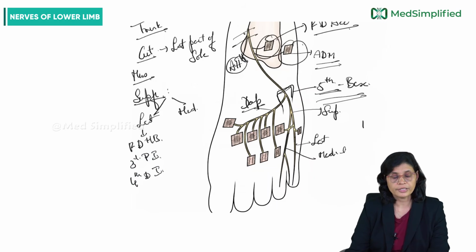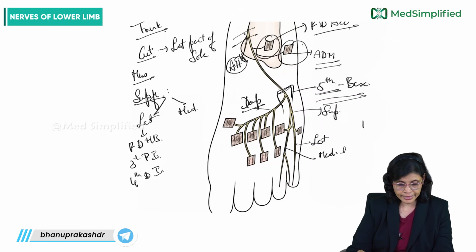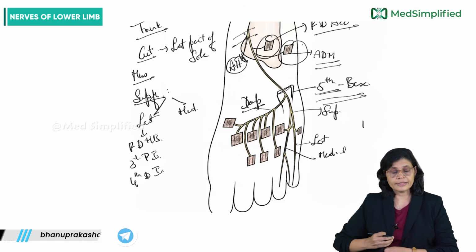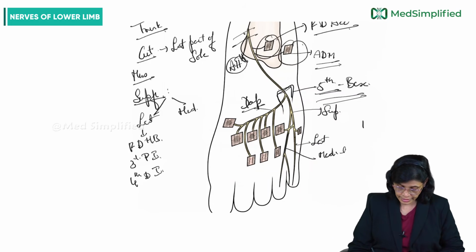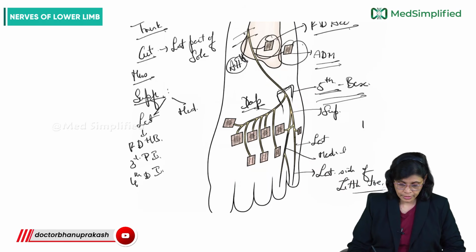So it supplies these three muscles, and it becomes cutaneous. It also supplies skin on the lateral side of the little toe. Whereas the medial branch will communicate with the medial plantar nerve.